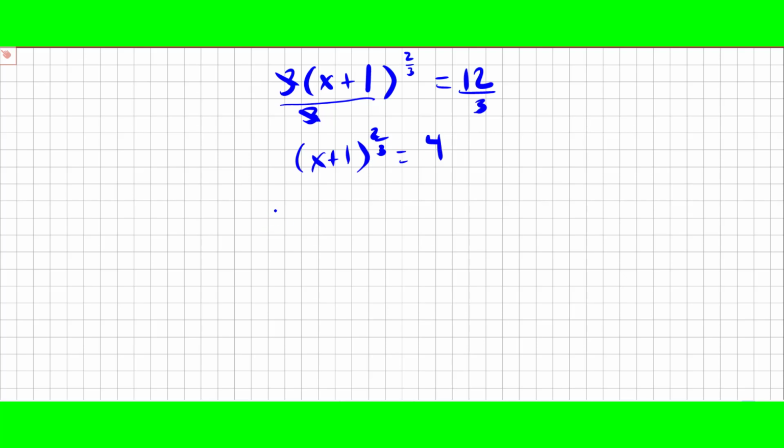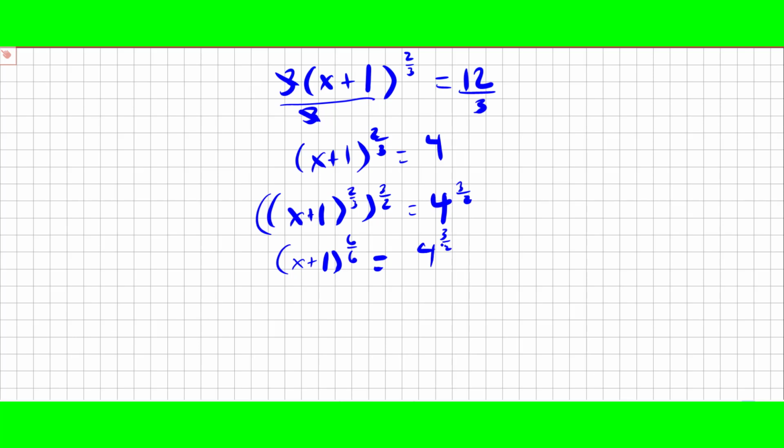Now let's take the reciprocal of that exponent. I've got (x plus 1) to the 2/3, and I'm going to raise both sides to the 3/2 power, and you'll see why in a second. When I do that, 2 times 3 is 6 and 3 times 2 is 6, so I get (x plus 1) to the 6/6 equals 4 to the 3/2.